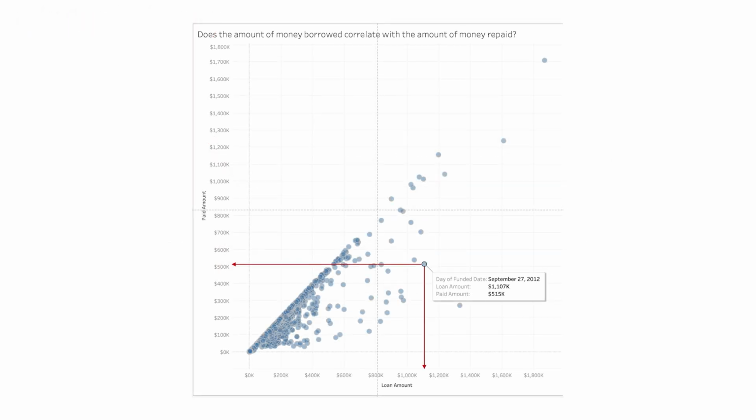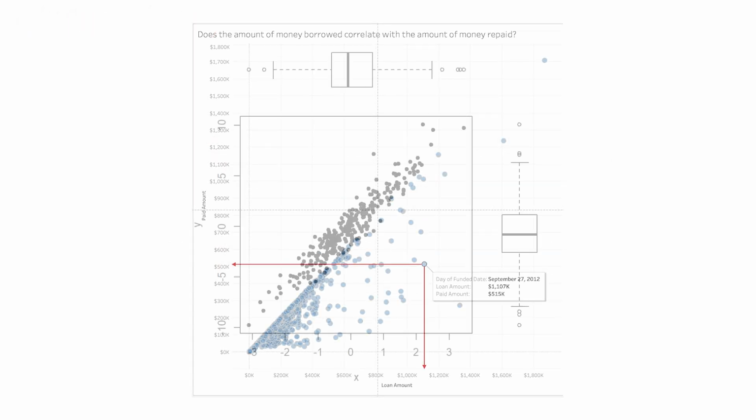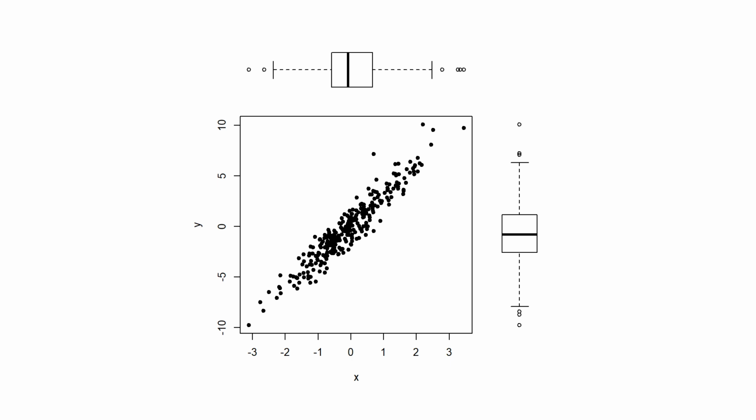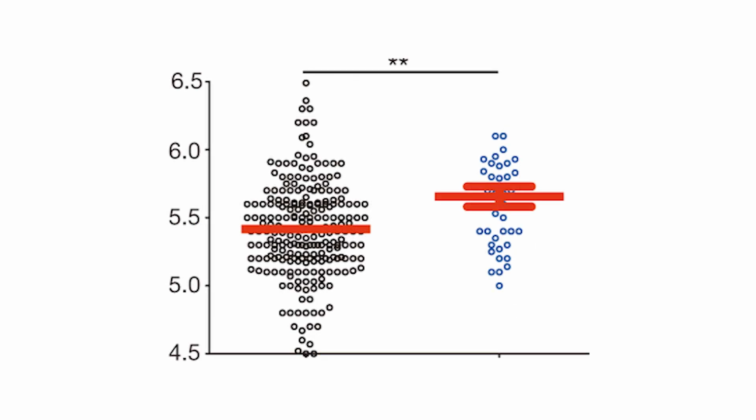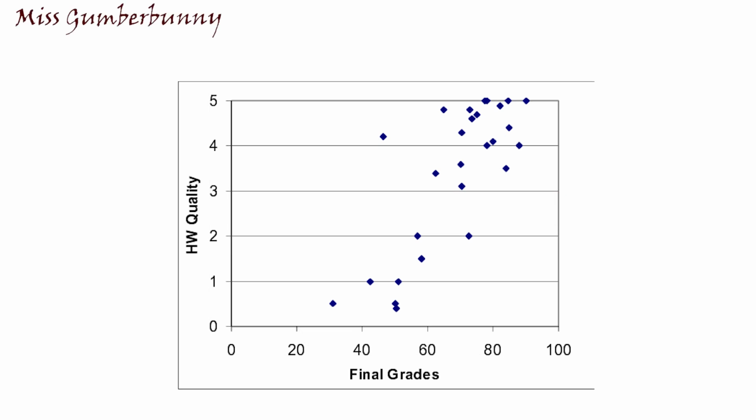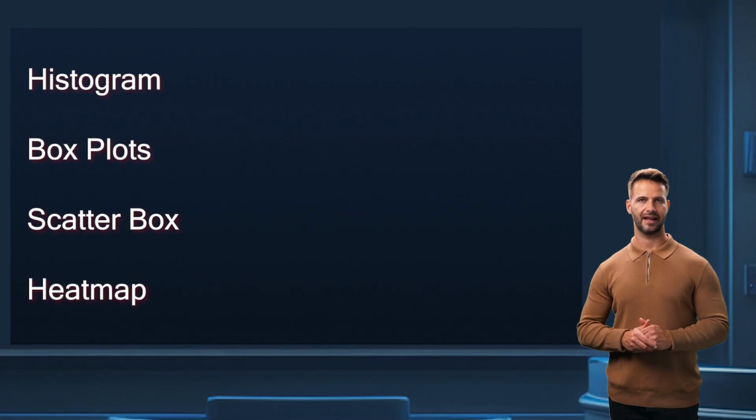How about scatter plots? A scatter plot, aka scatter chart or scatter graph, uses dots to represent values for 2 different numeric variables. In this example, there is a clear correlation between the kiddos who did their homework and the final class grades. You can see how this helps explore relationships between 2 numerical variables. Finally, heat maps.